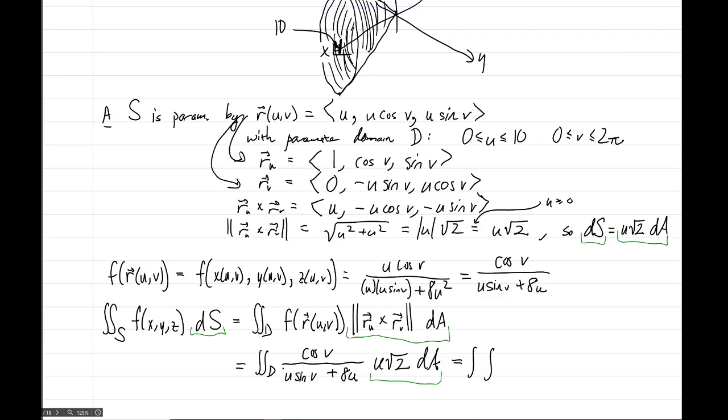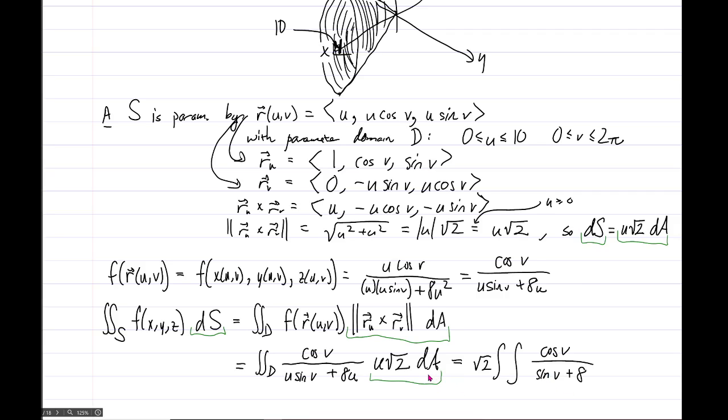Let's also take this root 2 and bring it in front of the integral. So root 2 times integral sign, integral sign, and then we'll have cosine of v over, the u here cancels with the u's there, so the denominator will be left with sine of v plus 8.